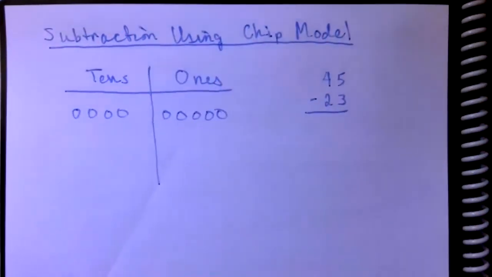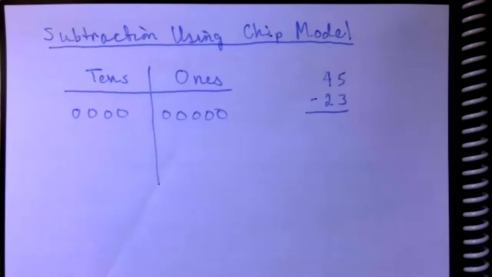Now, what do you think I should do to illustrate the operation of subtraction in this chip model? How can we get a picture of taking stuff away?